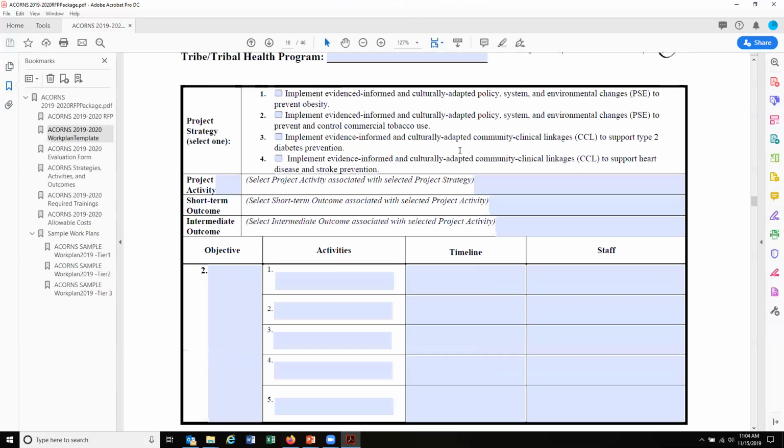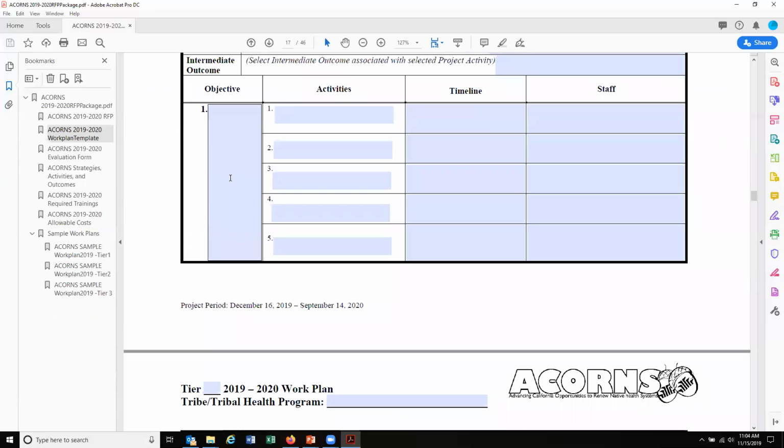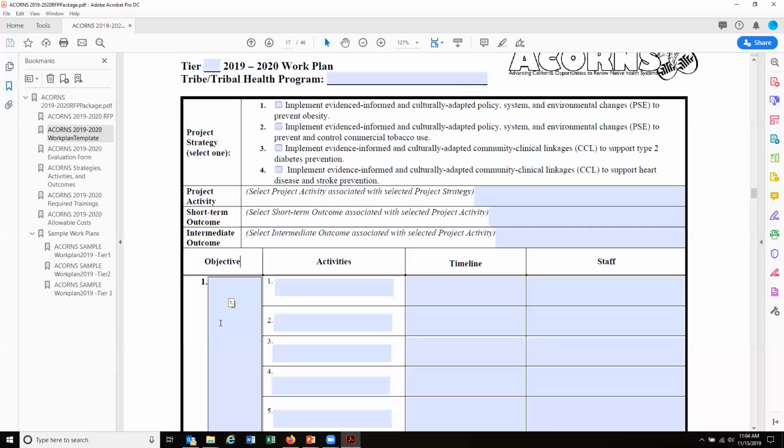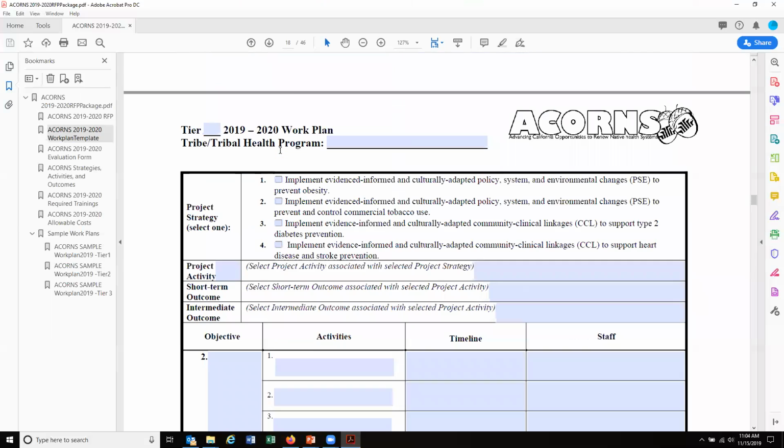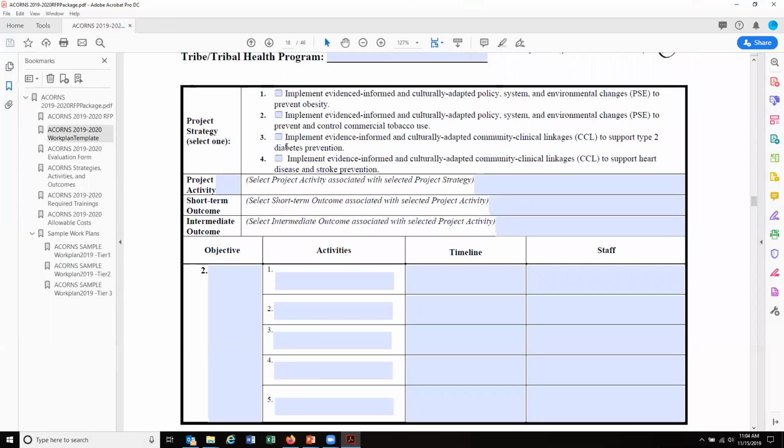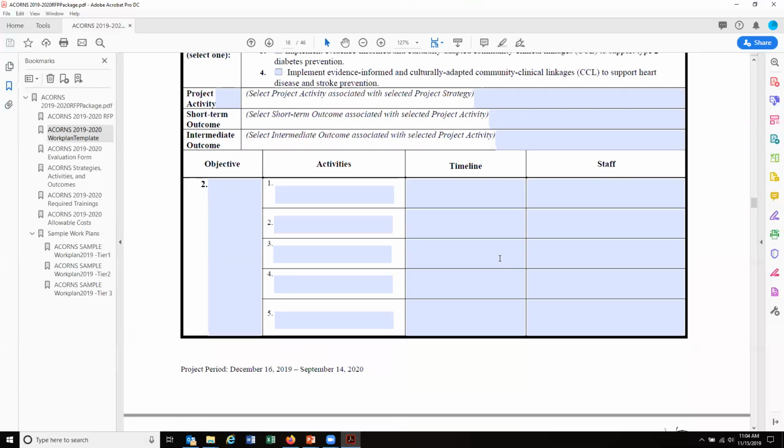Now there are multiple pages to this template, with the idea that perhaps you'll have more than one objective in your proposal, and perhaps that objective for this one is associated with diabetes prevention. Here is strategy 3, and maybe your other focus is commercial tobacco use and prevention. For the second objective, you would have a different project strategy selected, a different activity selected, different short-term and intermediate outcomes, and then your objective would be related to commercial tobacco use and exposure and the activities associated with it.